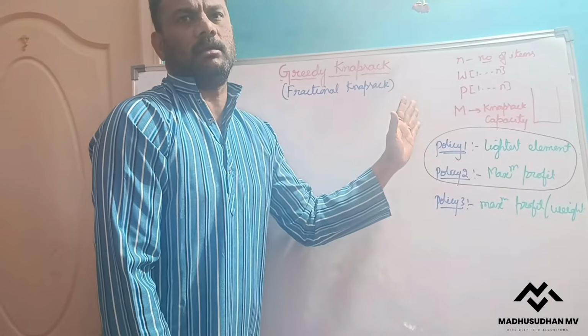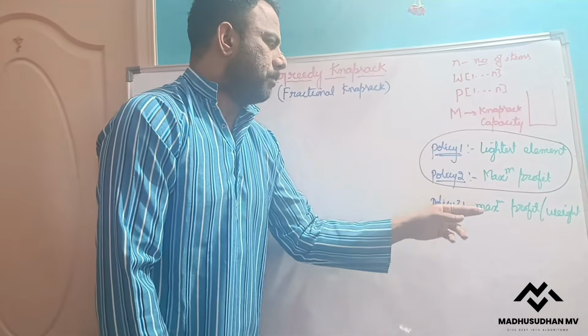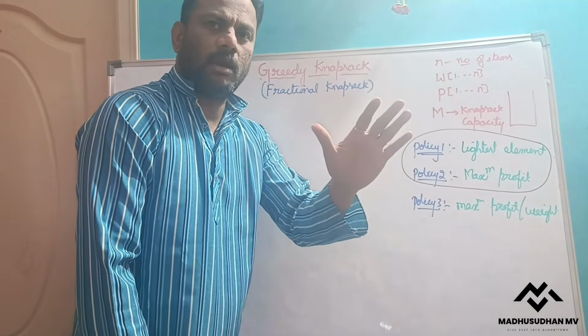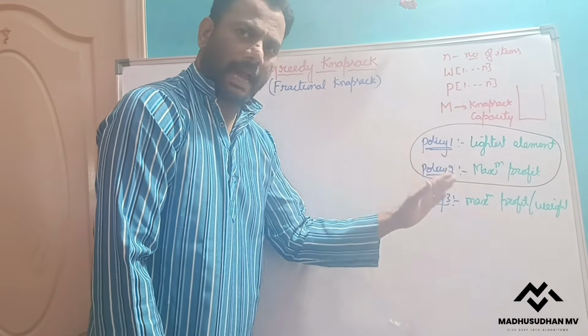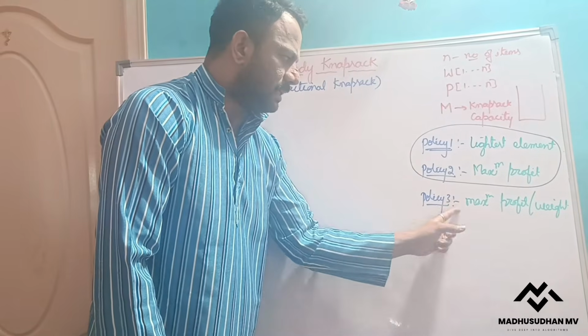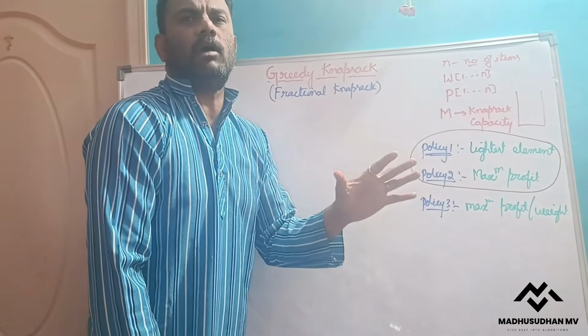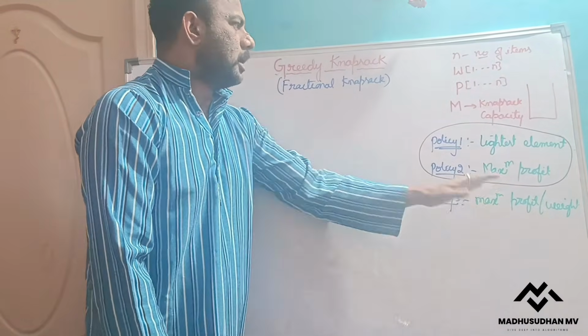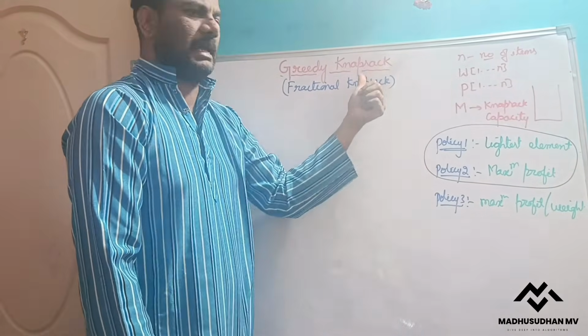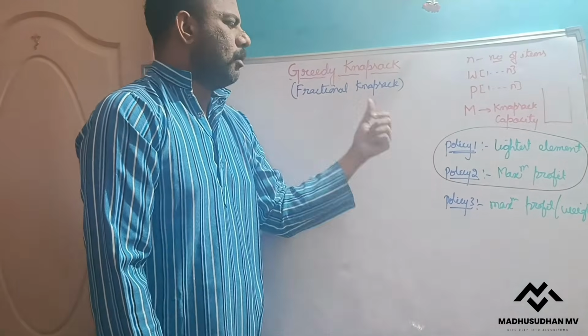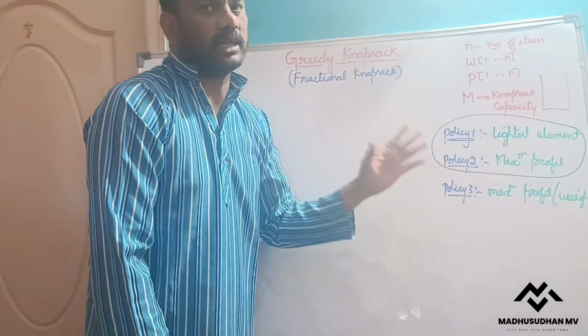We may get it, we may not. But with policy 3, 10 out of 10 times you will get the optimal solution. So to select a few items out of n items in the knapsack problem using the greedy technique, we apply policy 3.